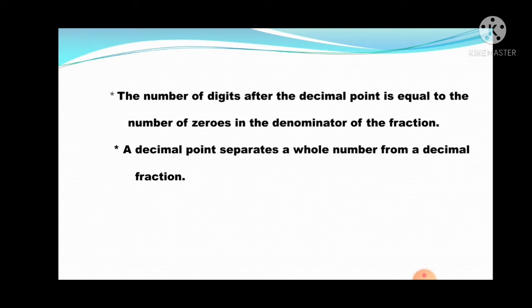A decimal point separates a whole number from a decimal fraction.